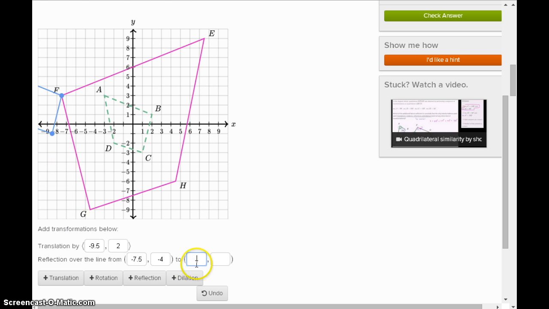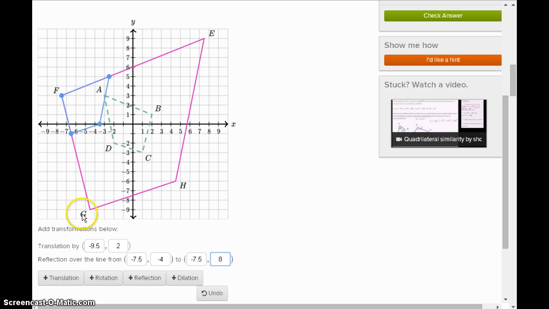You can press tab and it moves you through those fields pretty well. And then the next point is also negative 7.5, and let's just put 8 up there. Okay, hey, now we're kind of in business, right?